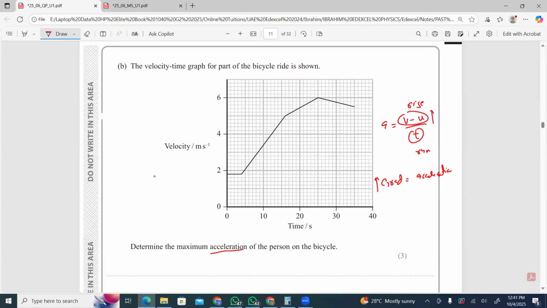So you need to see which part of the graph has the steepest area, and you can easily see that this is the steepest area. Steepest means having the highest incline. This is not steepest, this is not steepest. So this is the steepest, and therefore it will have the highest acceleration. And for this part, you need to see this one and this one.